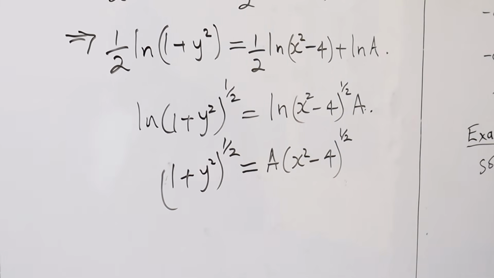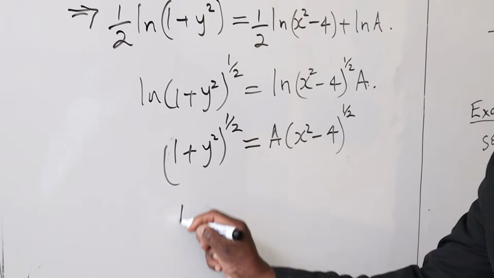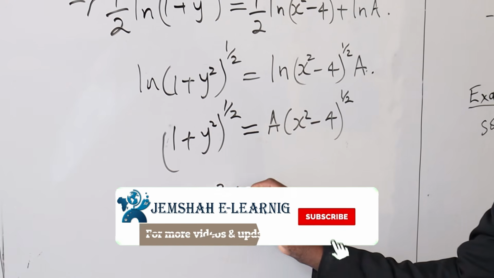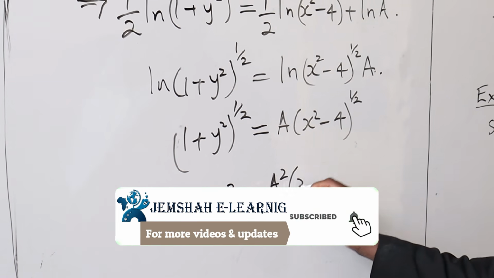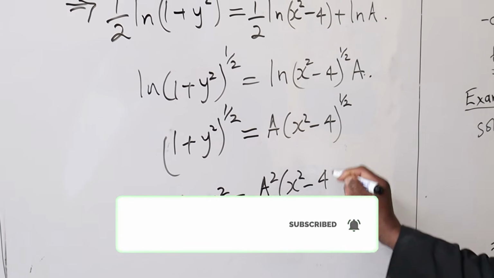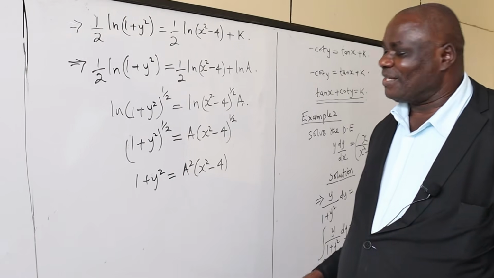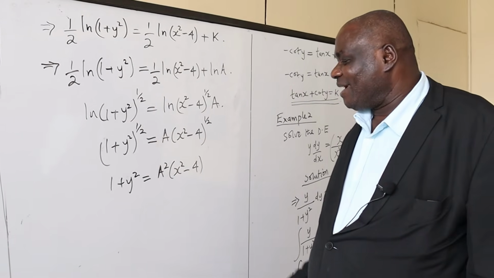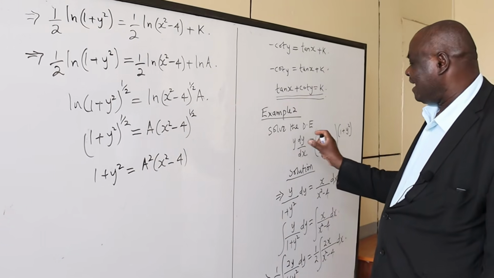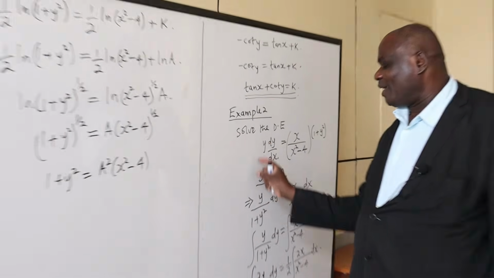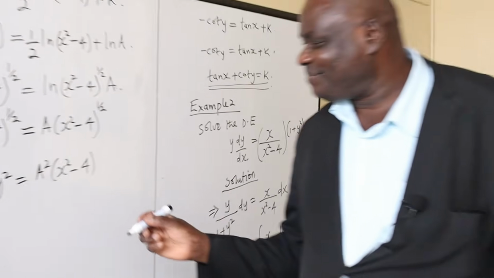Now from this we can remove the square roots by squaring both sides. So 1 plus y squared will be equal to a squared into x squared minus 4. But a squared is just another constant. We can even call it b. These are just arbitrary constants because we didn't have what we call the initial conditions given for this particular differential equation.